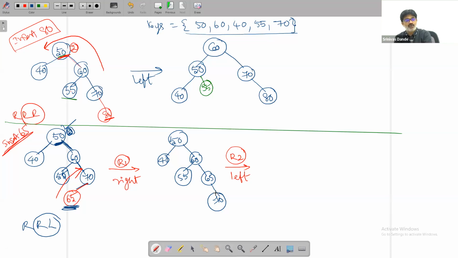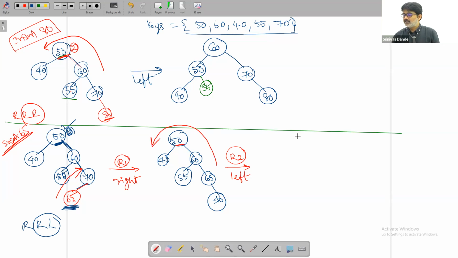RL, R is over, right is over. Now what is the left? What are the three nodes I have to consider? This is the impacted node. I have to consider 50, 60, 65 and do the left rotation like this. For the second rotation, you consider the reverse.